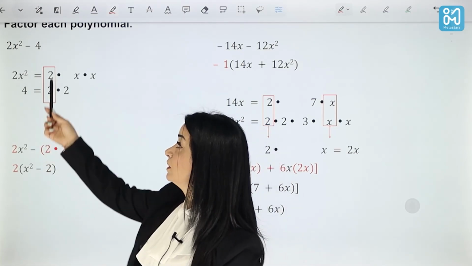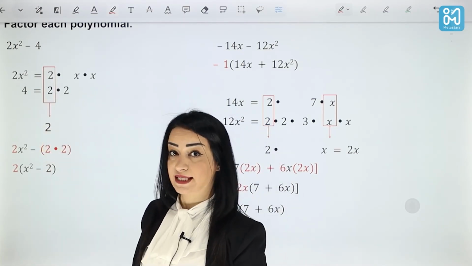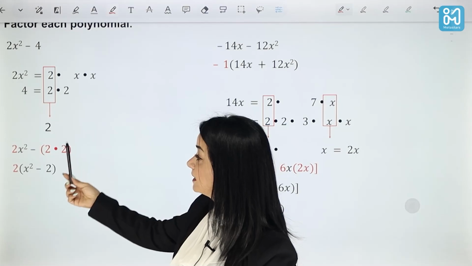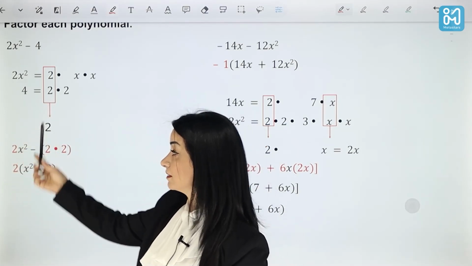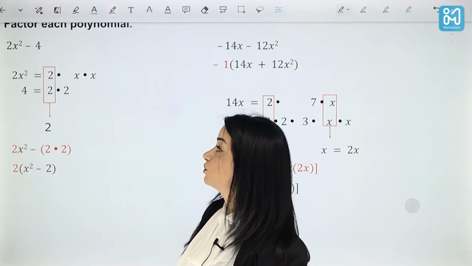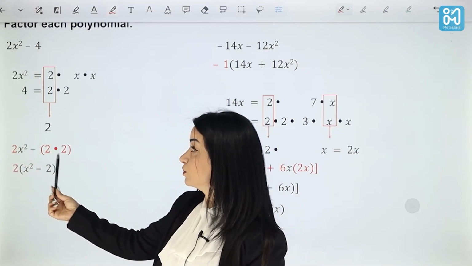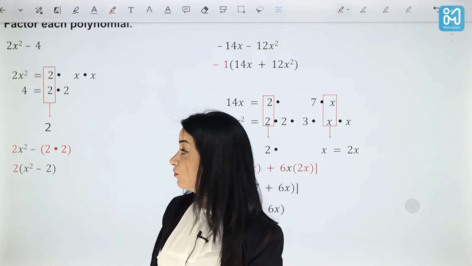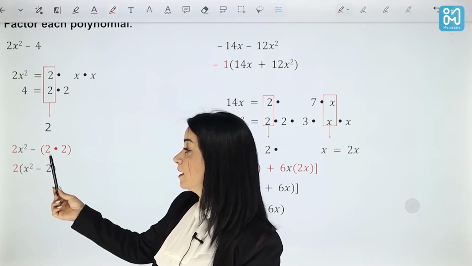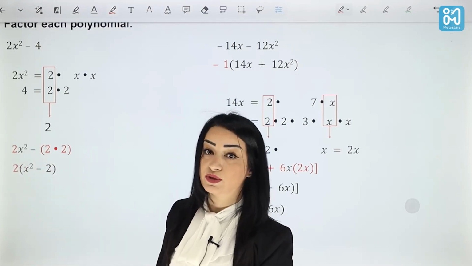So 2 is common between the first and the second. I can take it as a common factor between these two terms. So 2x squared minus 2 times 2, which is equal to 4.